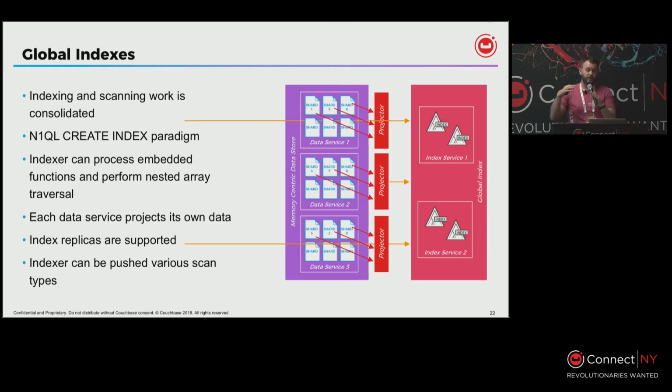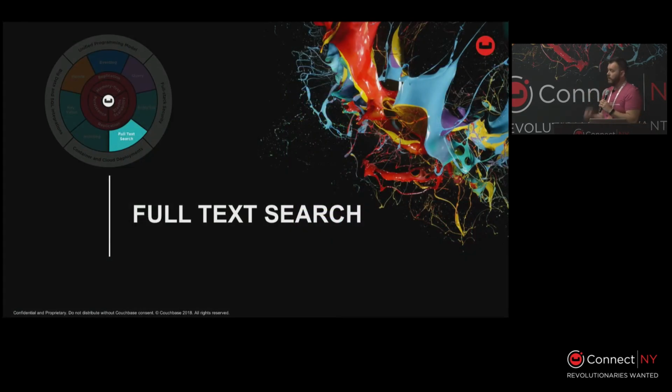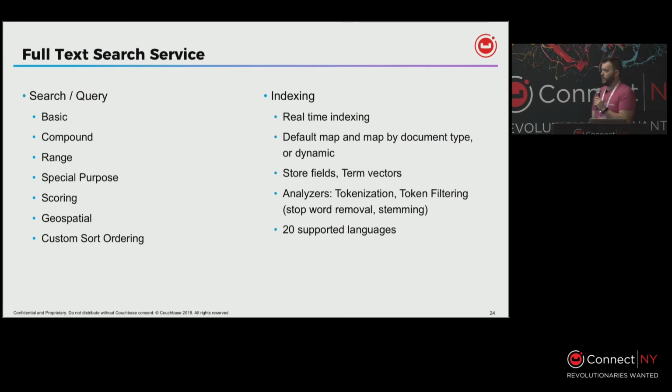But yeah, so going back to replicas, that serves for load balancing and high availability of your indexes. Full text search, right? Inverted indexes. Our full text search supports a variety of searching and querying in terms of basic, compound, range queries, geospatial queries, custom sorting functionality. And as of Couchbase Server 5.5, there is now over 20 supported languages that are available.